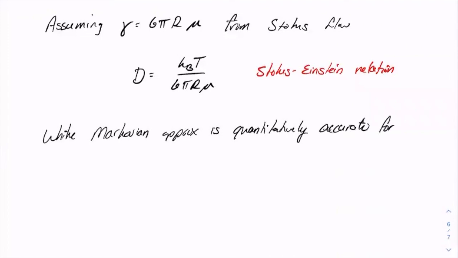So for systems like a colloid moving around in a solution, you can really get quantitative accuracy with the Stokes-Einstein relationship. You can't quite get quantitative accuracy when you scale that all the way down to a molecular fluid.